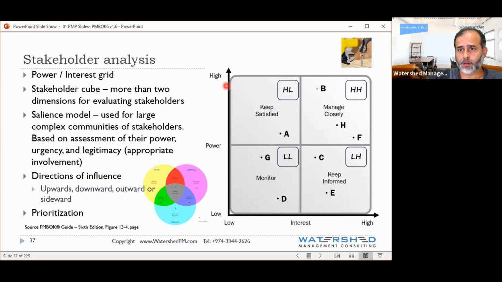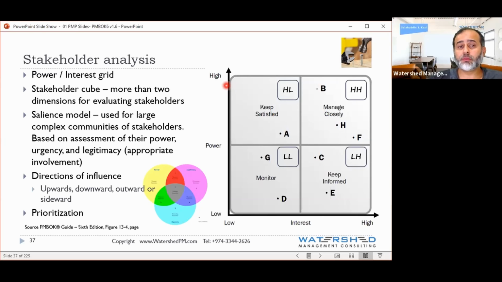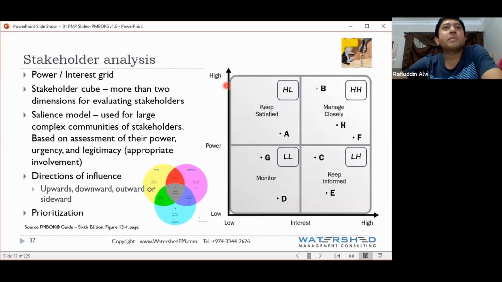And the whole idea of stakeholder analysis is that question: is every stakeholder equally important? Yes, they are important, but is everybody equally important? No, not equally, but it depends.